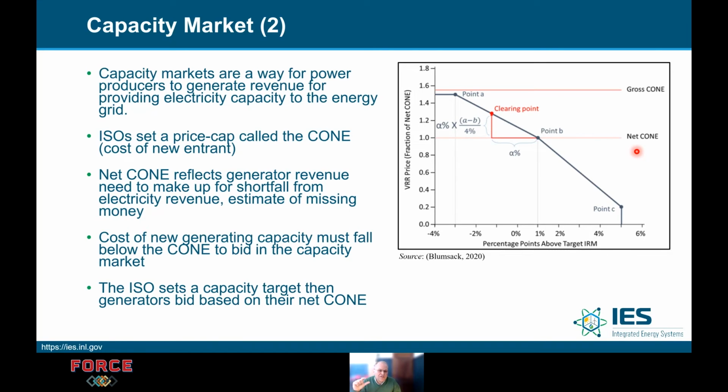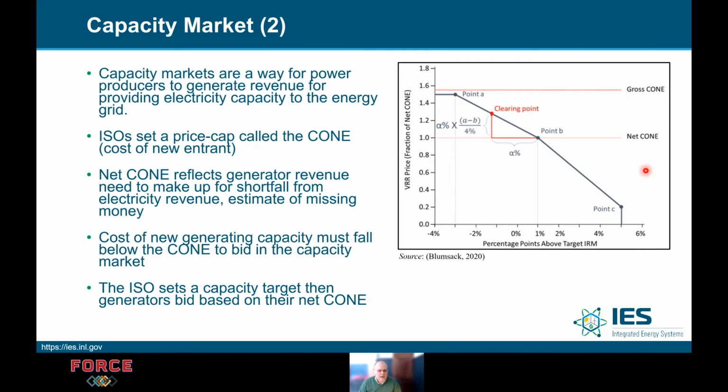You can think of the net cone as the monetary equivalent of the missing money problem for each generator. So a nuclear generator is going to submit a bid for a net cone that's different than a natural gas generator, which will be different than a wind power generator, for example. This net cone is the capacity bid that each of the generators submit to the market.